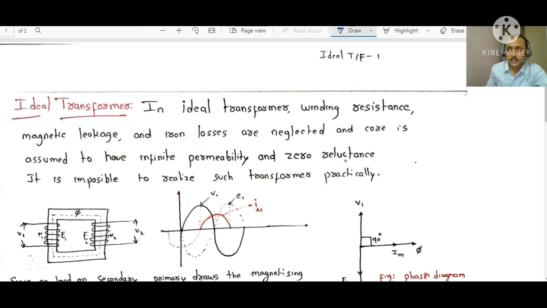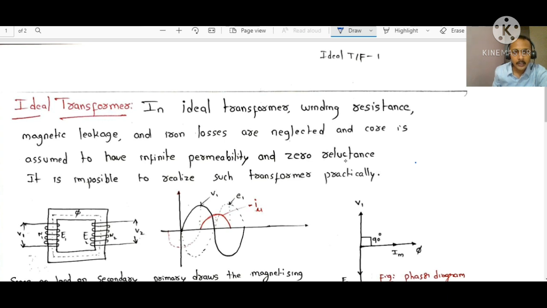So obviously, as it is a conducting material, it will have some resistance. That winding resistance is neglected, and also the entire flux which is established in the primary side is going to link the secondary side winding also. There won't be any leakage of flux into the air or surroundings, and also the iron losses are neglected.